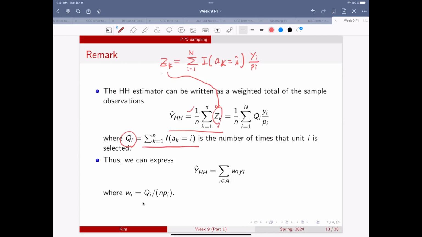Once you write it this way, how do you interpret it? As a weighted sum of the y_i in the sample, where the weight is Q_i divided by n times p_i. So Q_i is the number of times in the sample, and n times p_i is kind of close to pi_i.